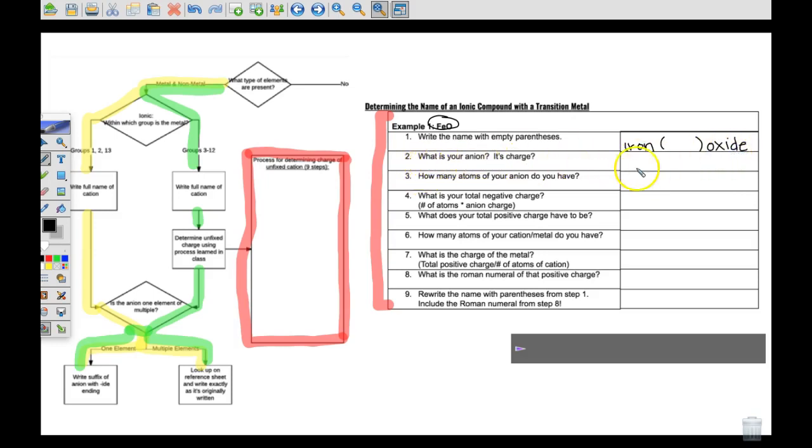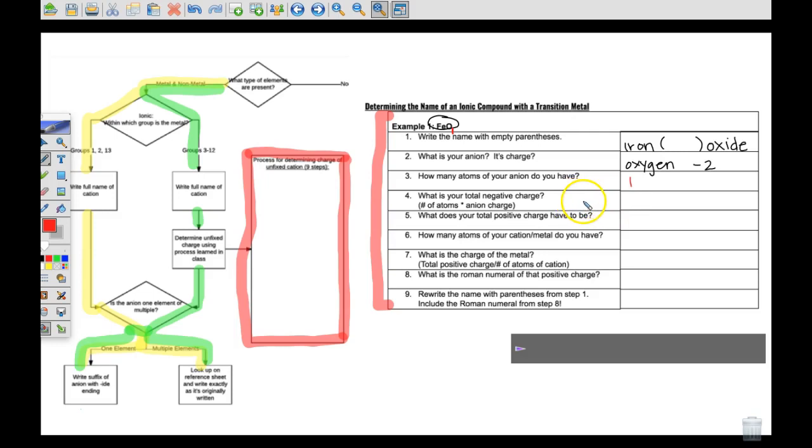What is my anion? It's oxygen. And after referencing the front side of my periodic table, the charge is -2. According to my formula, I only have 1 oxygen, because there's no number listed there.